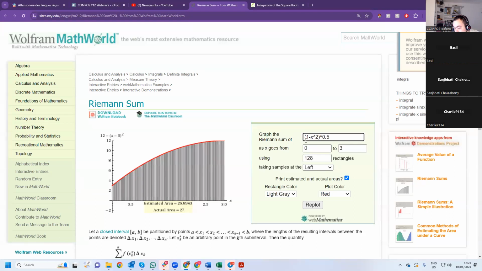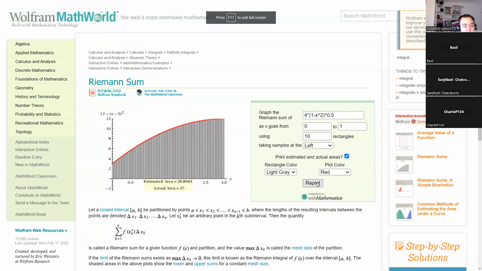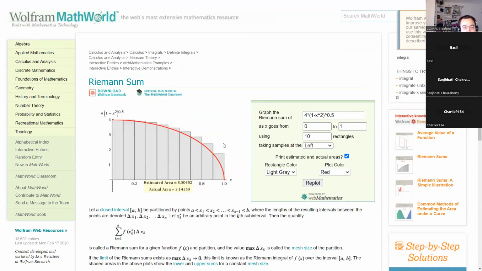We need 4 of them, so 4 times that, x goes from 0 to 1, using 10 rectangles.